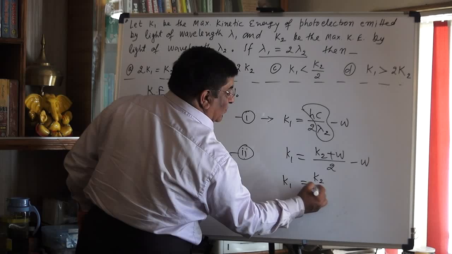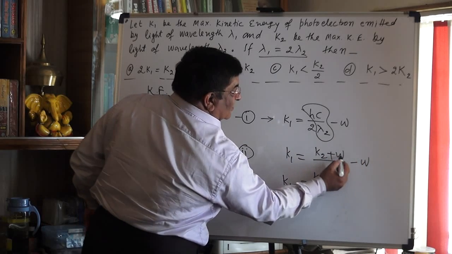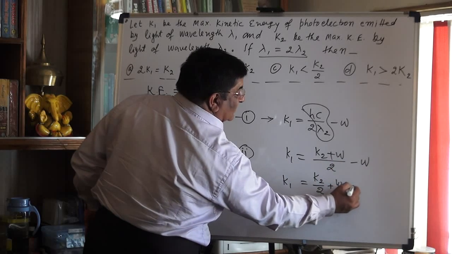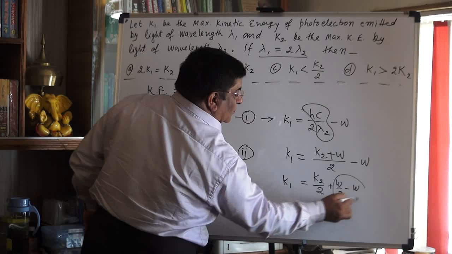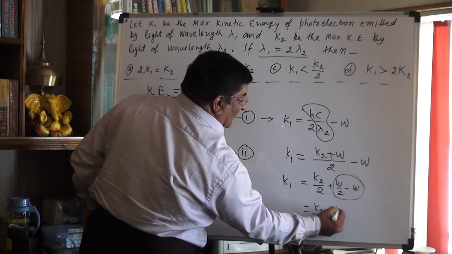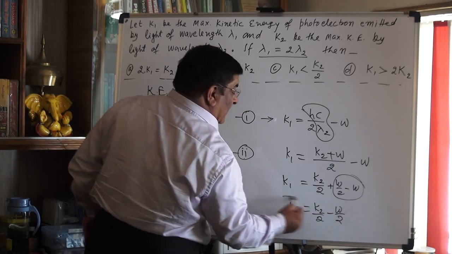K1 is equal to K2 upon 2, separating it, plus W upon 2 minus W, and these two make K2 upon 2 minus W upon 2. This is equal to K1.